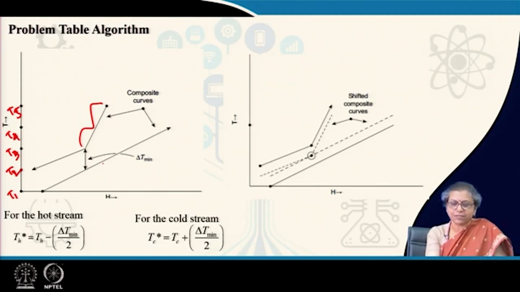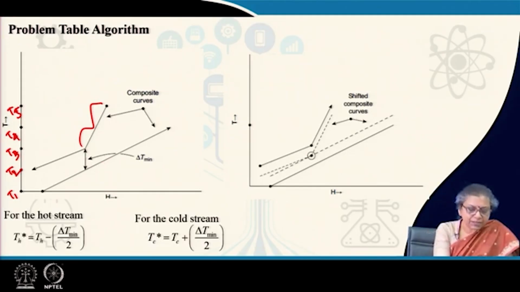Now, in this case, we bring down the entire hot composite curve by an amount of delta T min by 2, and we lift up the cold composite curve by an amount of delta T min by 2. In other words, for all the hot streams, I lower the supply and target temperatures by delta T min by 2.